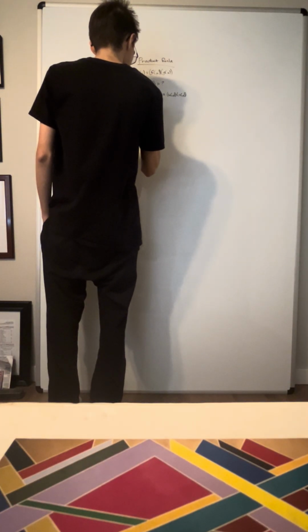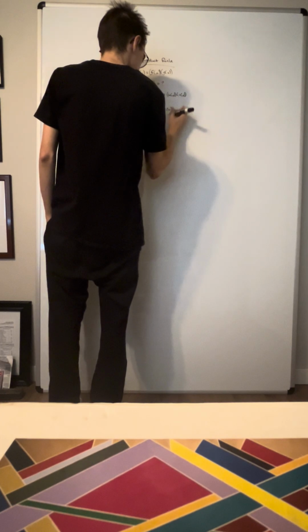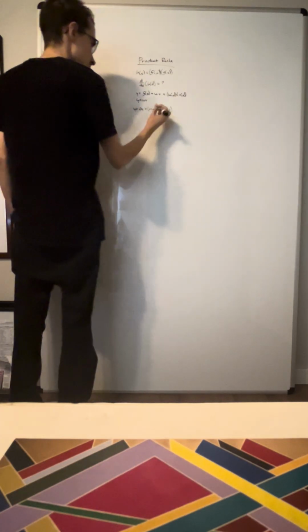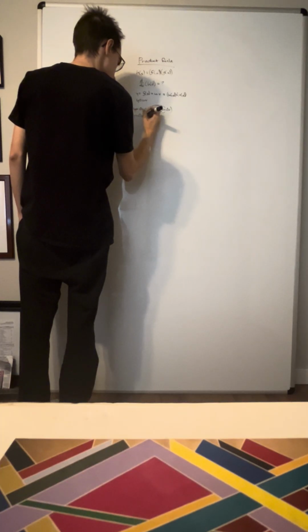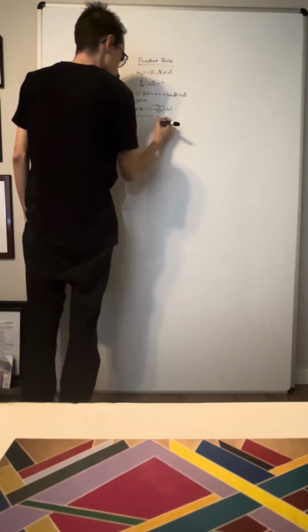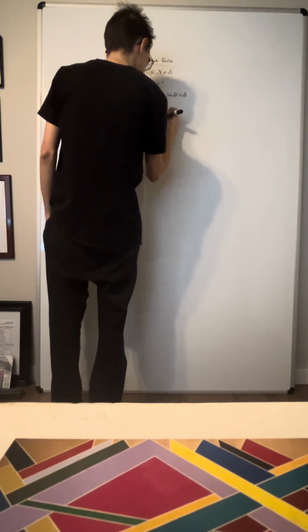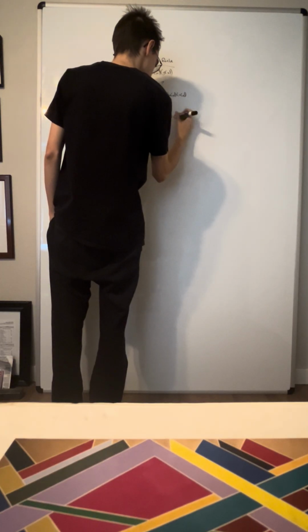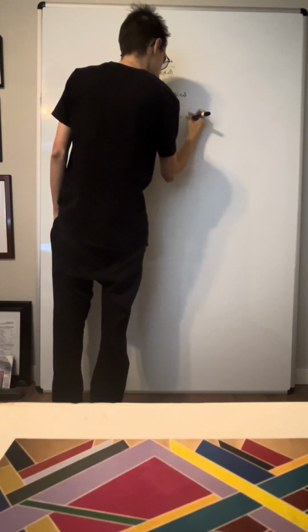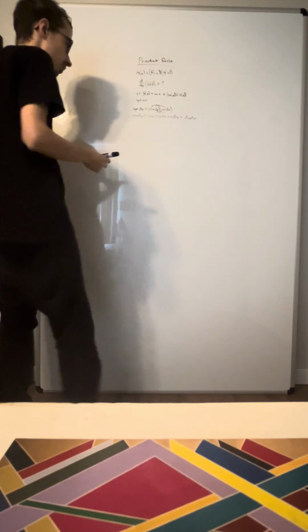So y plus delta y equals the quantity u plus delta u times v plus delta v. We'll notice we can just multiply this out. So y plus delta y equals, the first term is u times v, plus outside is u times delta v, plus inside is v times delta u, plus the last is delta u times delta v.